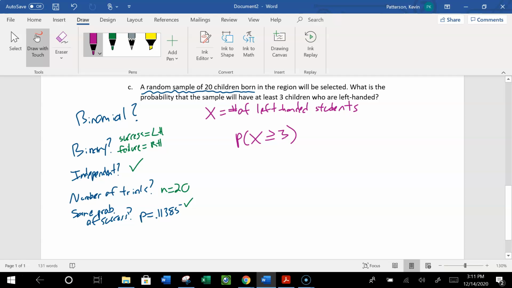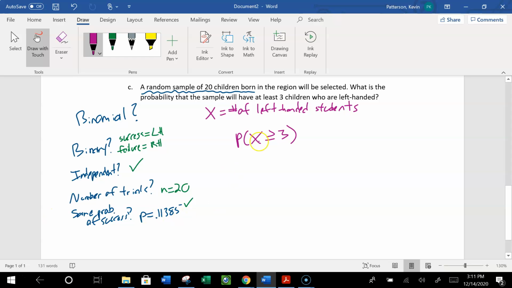Now when we do binomial distributions in AP Stats, the easiest way to do it is with the graphing calculators. Now the thing with the graphing calculators is when you do a binomCDF, which is a binomial cumulative distribution, it only counts up from 0 up to the number we're interested in. It wouldn't count from 3 up to 20.